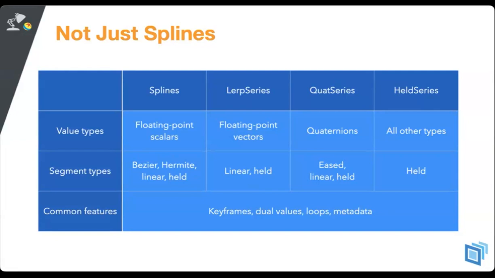If you are representing a position as 3 floating point scalars, then you have 3 splines you can use, which gives you the most flexibility in terms of shaping, but does separate the interpolation into 3 different components, which sometimes is what you want and sometimes isn't.